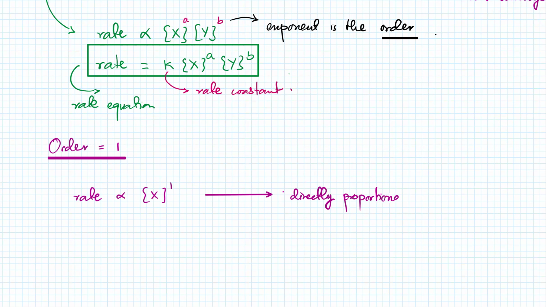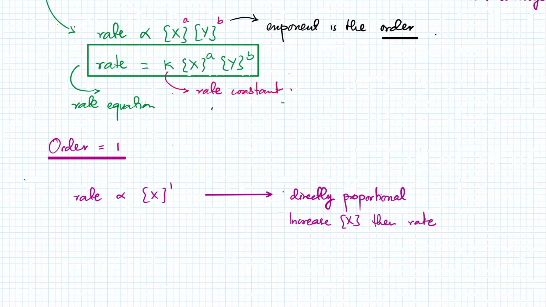Because that means the rate of the reaction is directly proportional to the concentration of the reactant. So if you increase the concentration of reactant, then your rate of reaction or your number of collisions would increase proportionally.